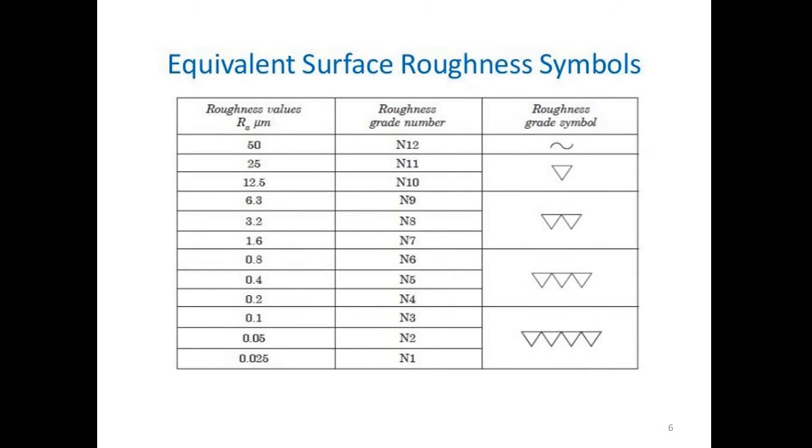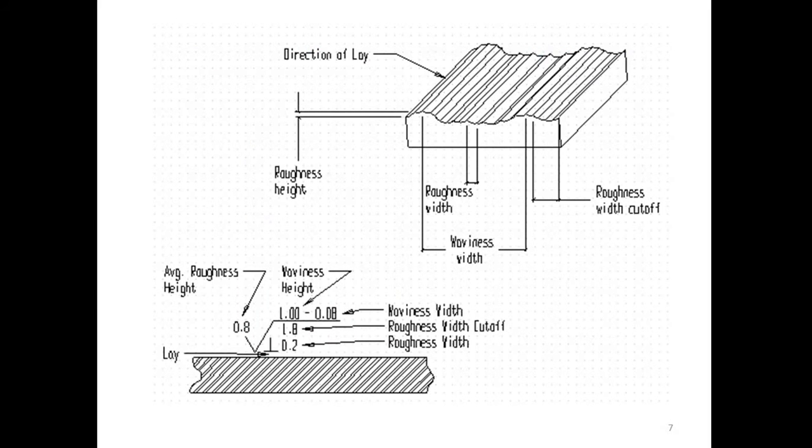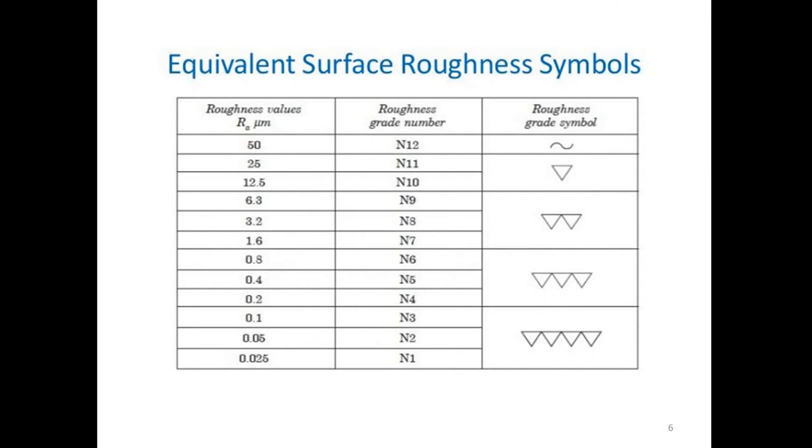Here again one of the charts which shows equivalent surface roughness symbols: the roughness value Ra in micron, roughness grade number and roughness grade symbol. For Ra 50 micron, surface grade number is N12 and roughness symbol as shown.